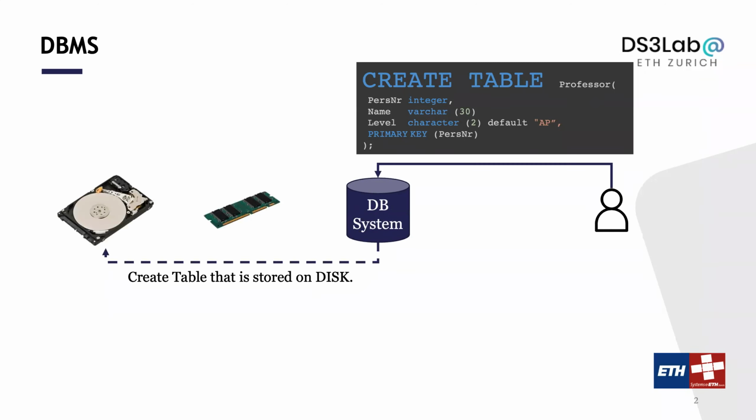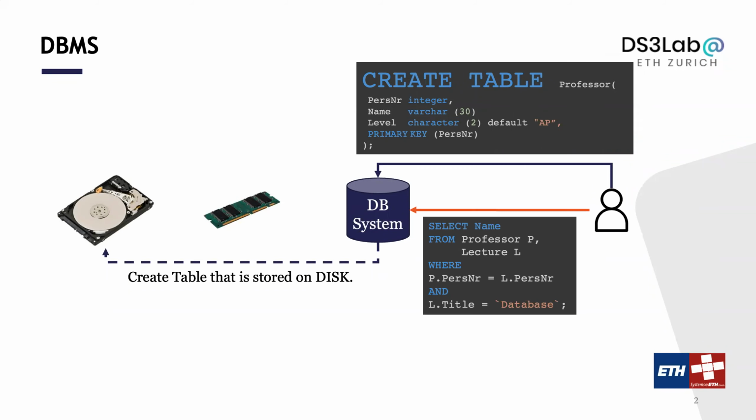Whenever you create relations, the database puts them on your hard drive. You can write a SQL query, and the database system brings the data all the way from your hard drive to your main memory, and then to you as a user.